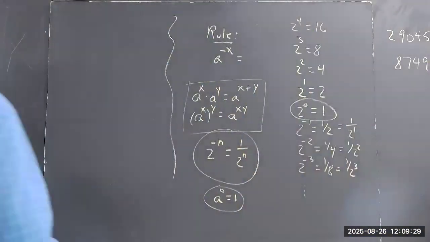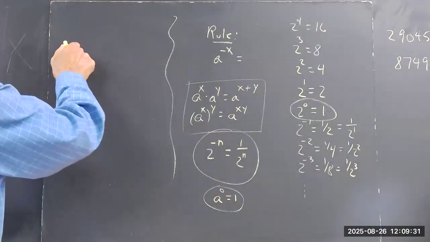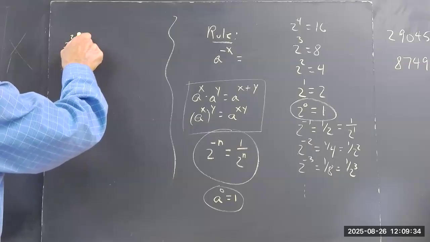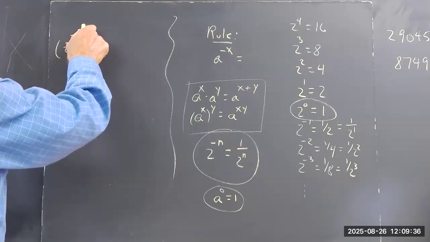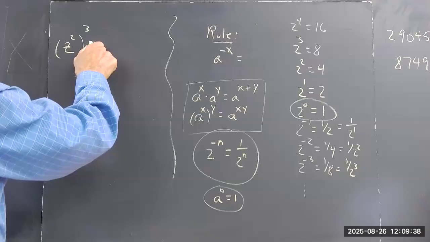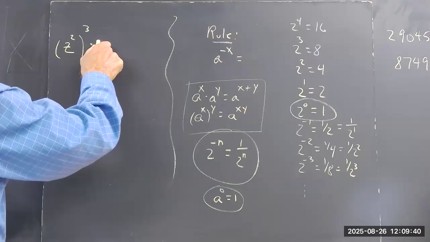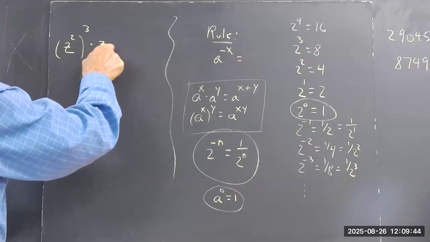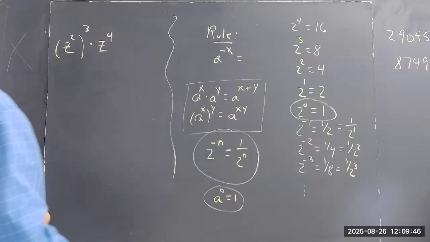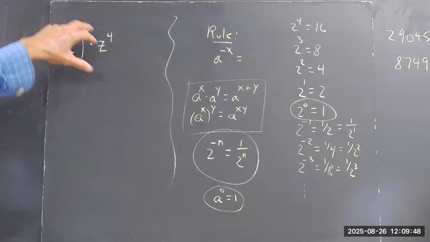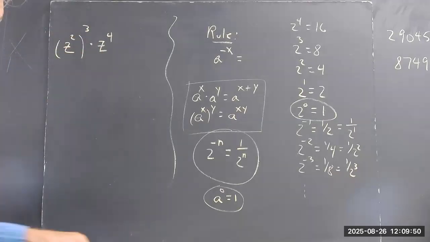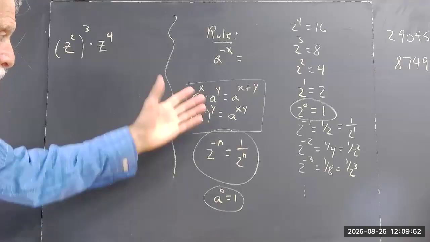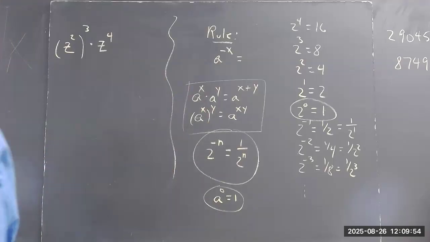Okay. Let's try. That's a z. z squared cubed multiplied by z to the fourth. Let's see what you get using these rules.